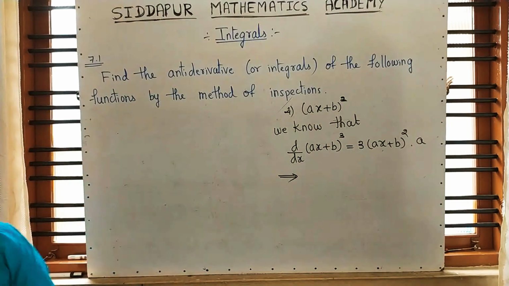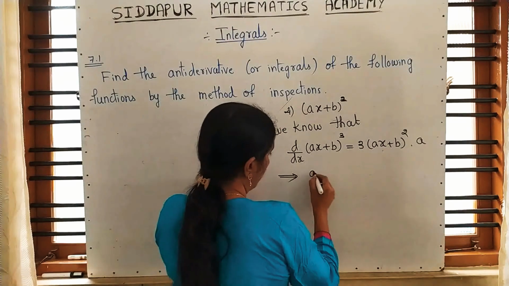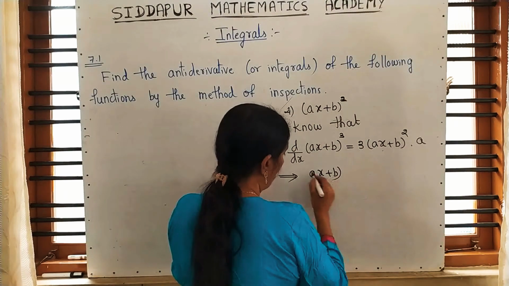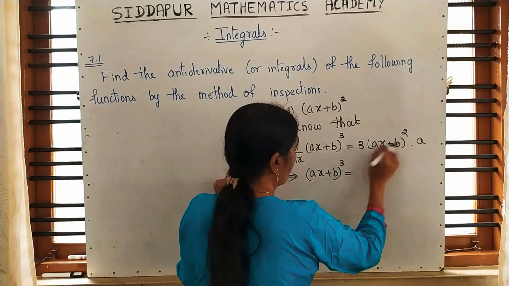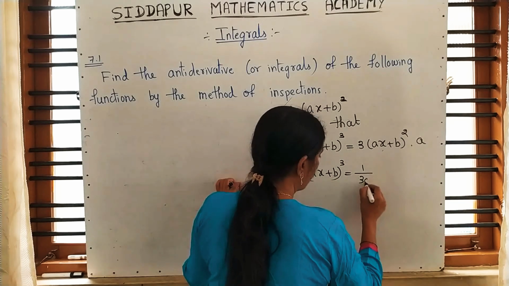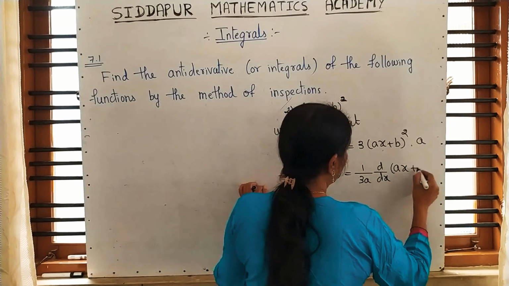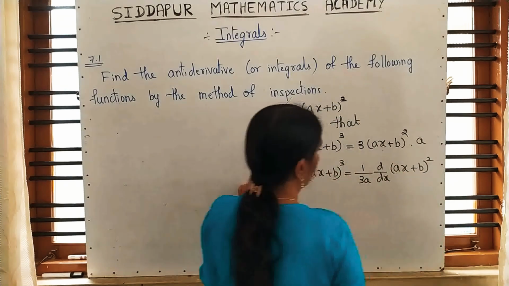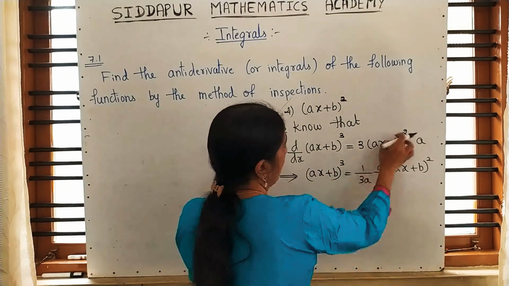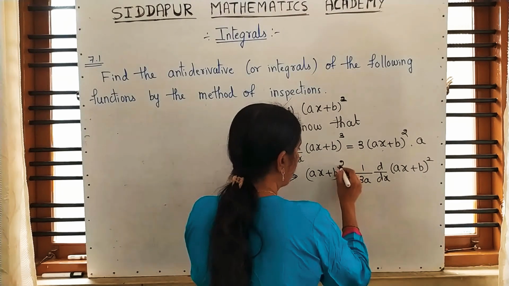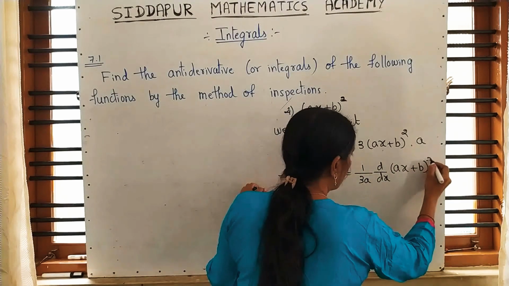Just rearrange them. Then (ax + b)^3 is equal to 3, and a is also constant. Correct or what? (ax + b)^2, this is 3. Yes.